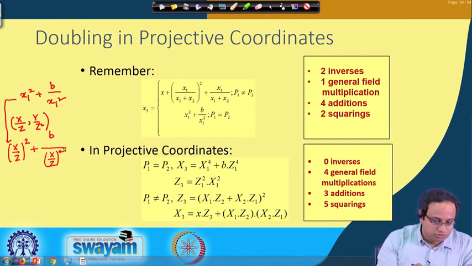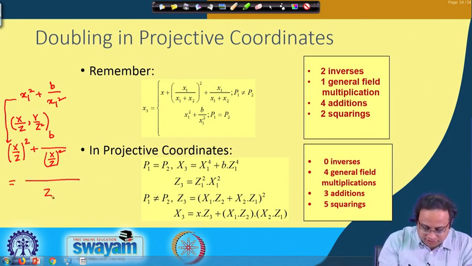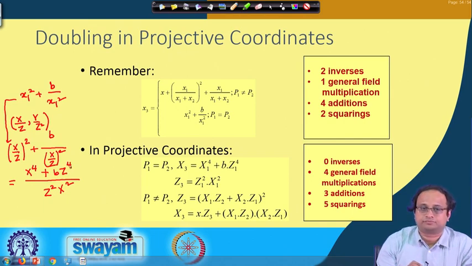That is nothing but z square x square in the denominator, and the numerator is x to the power of 4 plus b z to the power of 4. This is your corresponding result in the affine coordinates.